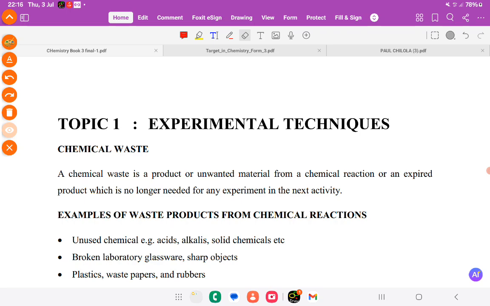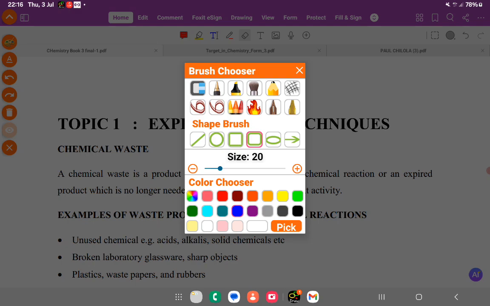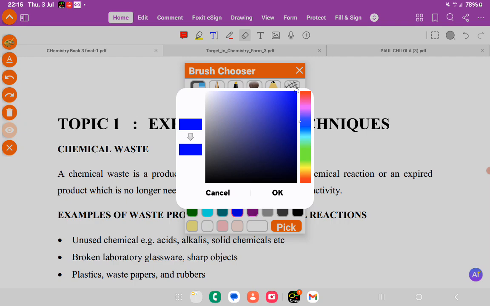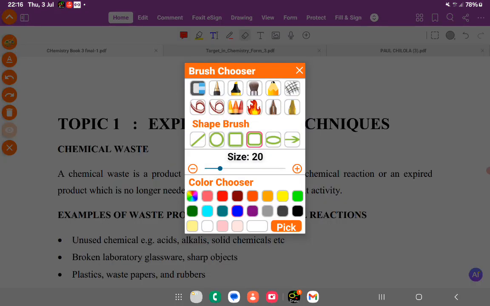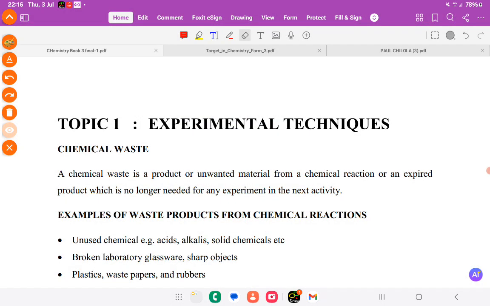Welcome to Form 3 Chemistry, which is the MSCE Chemistry. In this lesson, we are going to be looking at the very first topic at MSCE, the topic called experimental techniques.